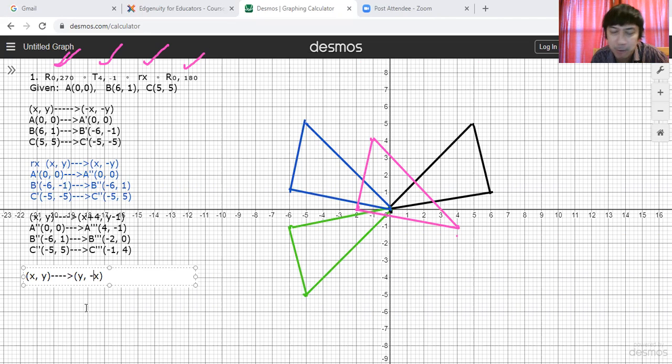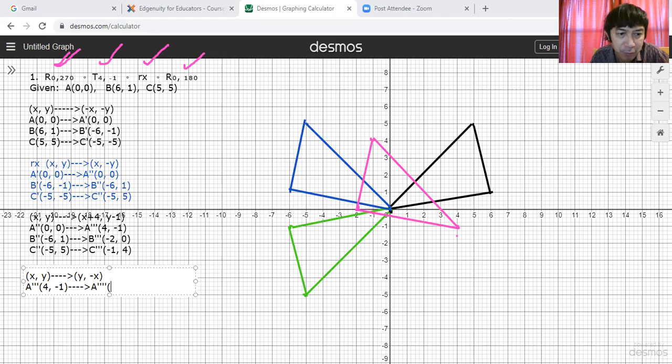All right, so let's get the input. The input is coming from the previous, that is coming from the triple primes. So this is A triple prime, and we have 4, comma, negative 1, and then the arrow. Now, this will be A fourth prime.